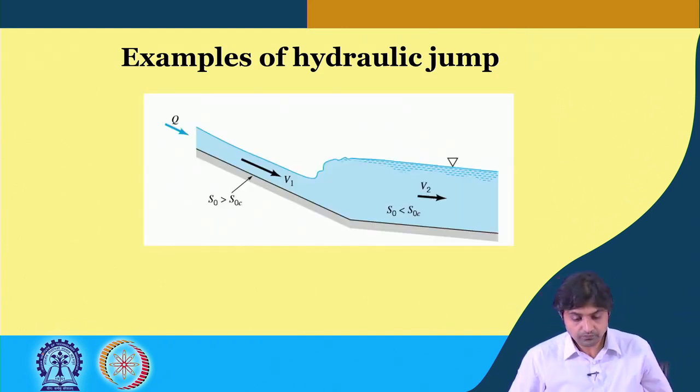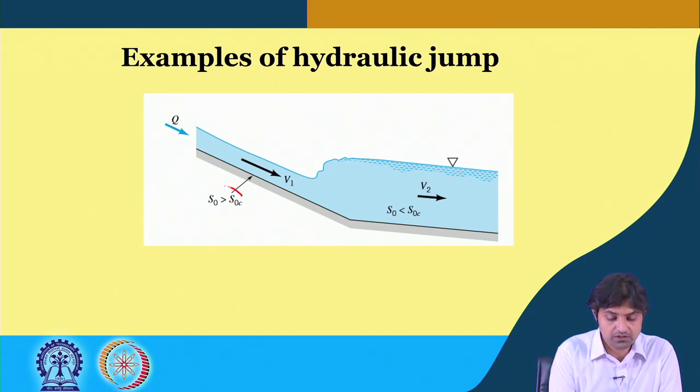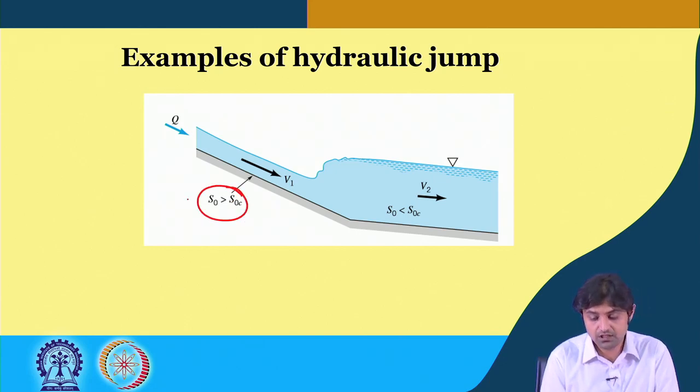So, this is some example of a hydraulic jump. There is a constriction, and when the water falls down, and S0 is greater than S0C, the water depth increases.